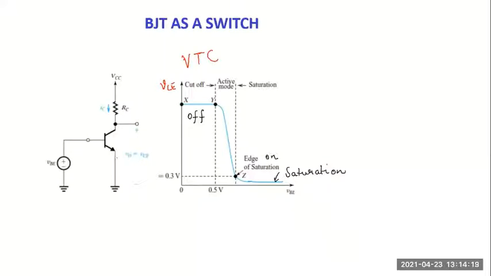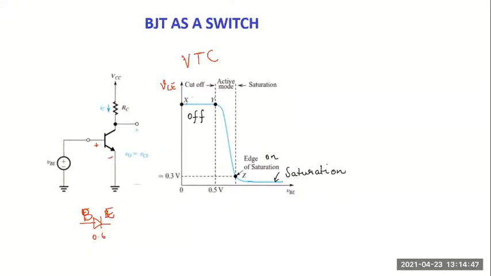Remember, this transistor will not conduct if I don't overcome the cut-in voltage of the base emitter junction. The base emitter junction is a forward bias diode. So please remember, if we don't overcome the cut-in voltage of the base emitter junction, which is around 0.6 or 0.7 volts, the transistor is switched off.